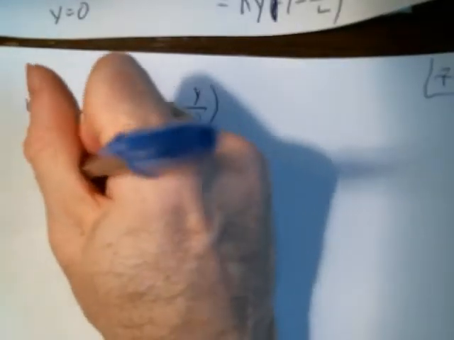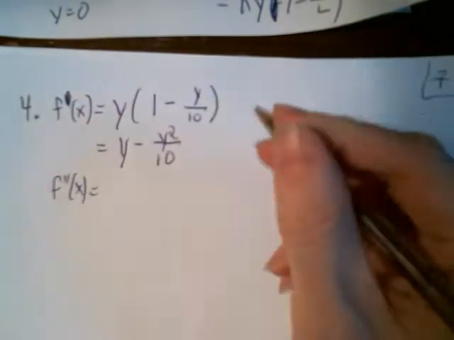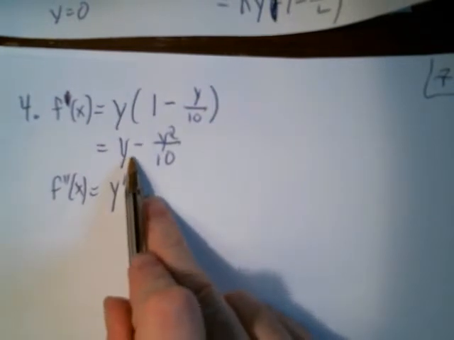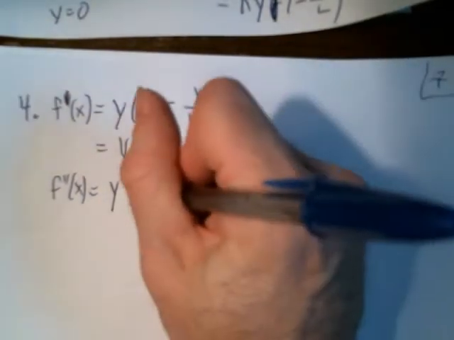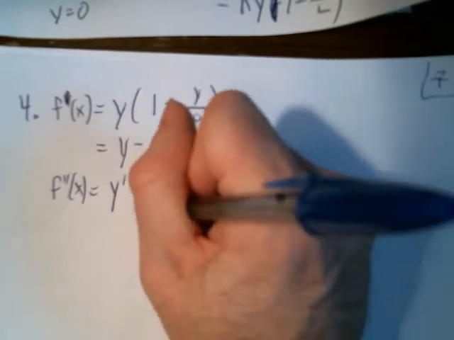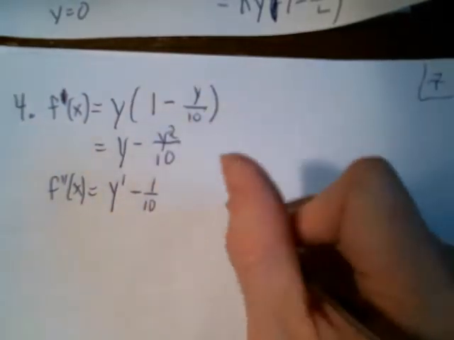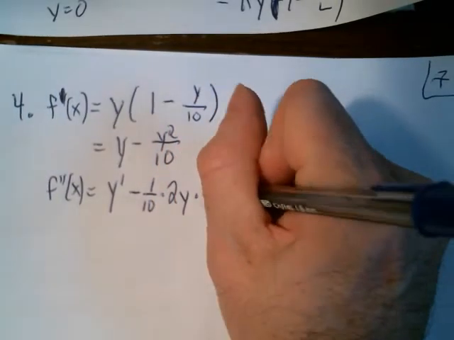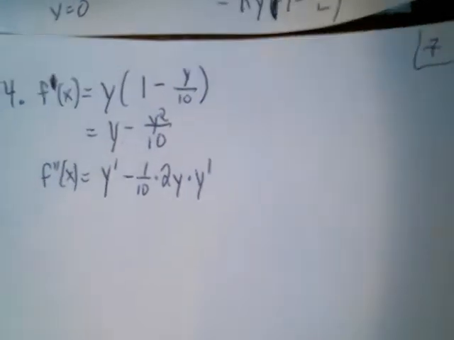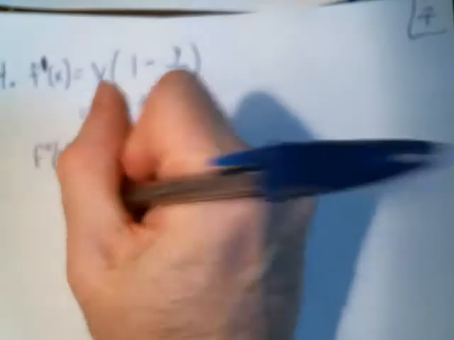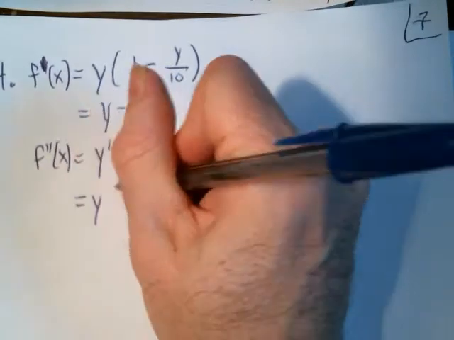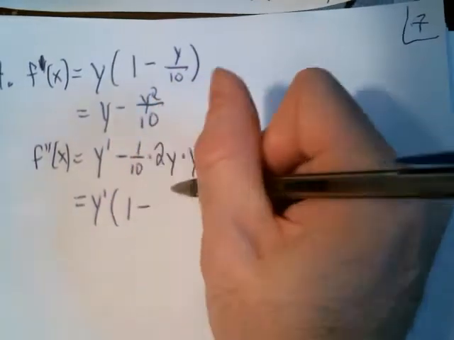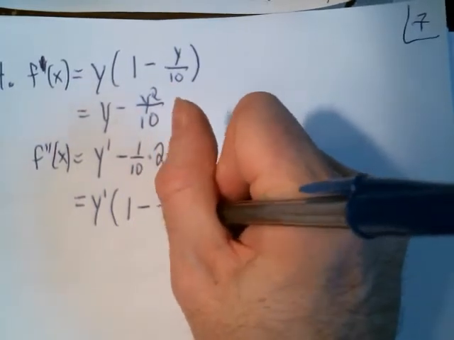So for the second derivative, y double prime, I'm going to have y prime, since the derivative of y with respect to x is 1 times y prime. And then minus, we have the constant multiple rule, so leave the constant in front alone, and then times 2y times y prime. And then I could take this and simplify it by factoring out the y prime. So you get y prime times 1 minus y all over 5.